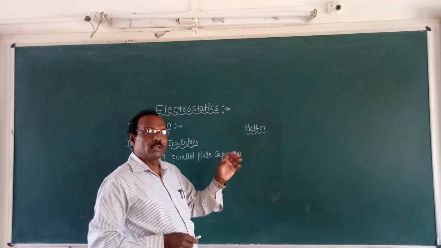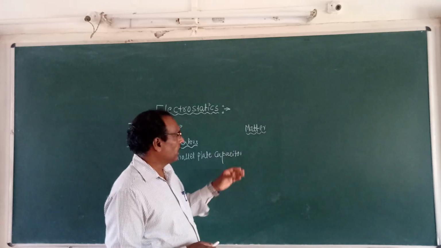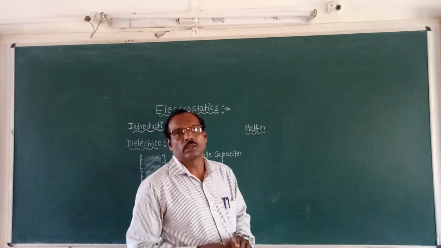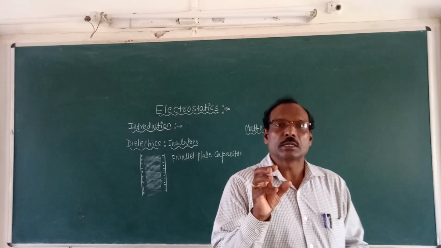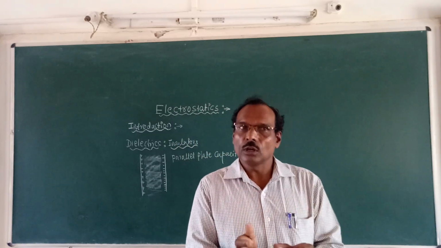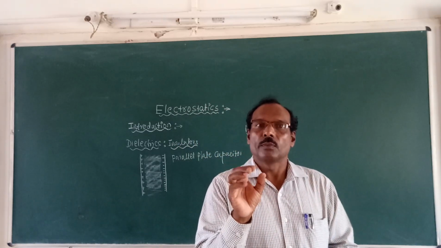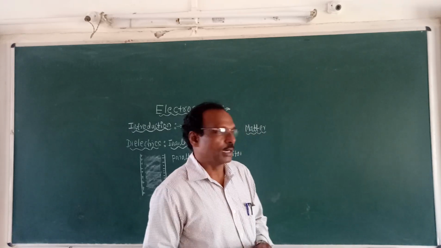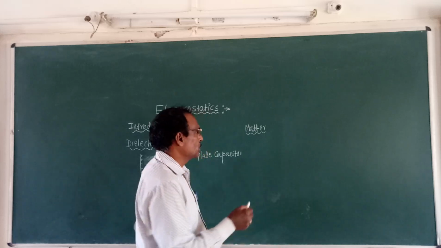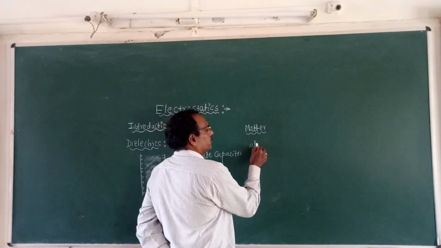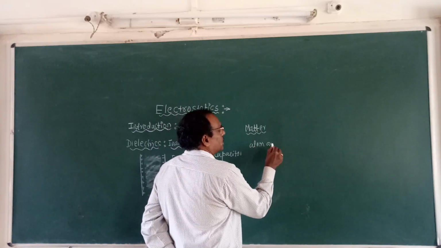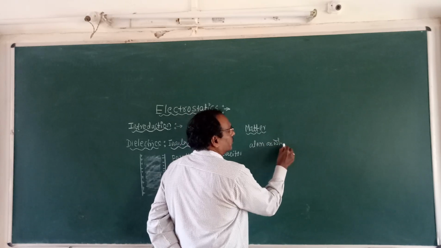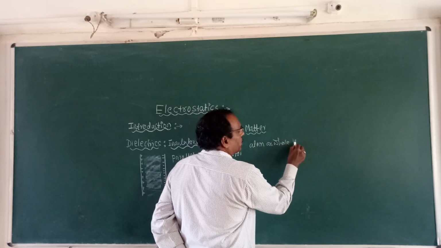Electrons are negatively charged particles and the nucleus is a positively charged core. So overall, the atom, when it is in its ground state, is neutral.